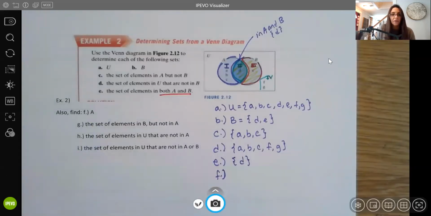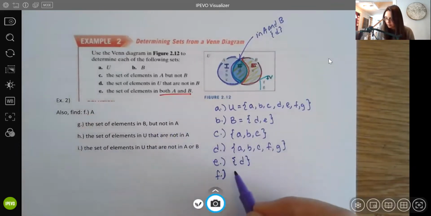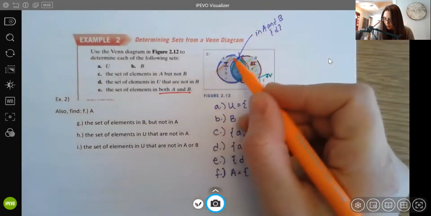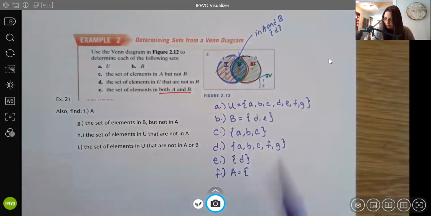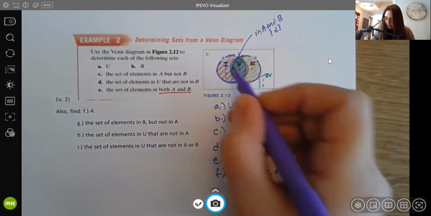Also, we're going to find part F, which is the set of elements in A. Okay, so remember your elements here. A is this circle, so it's all of this for A. So it's going to be the A, the B, C, and the D that's in the middle.